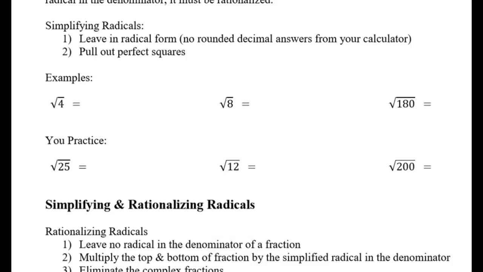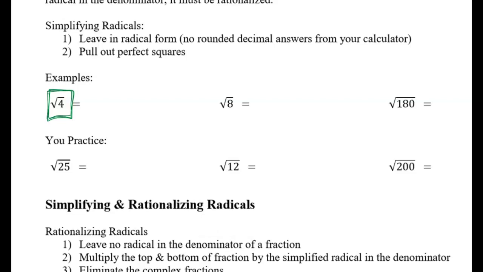I kind of think of what perfect square is a factor of the number I'm trying to simplify. So here, this one is easy because 4 is a perfect square. So how does this simplify down? Yes, exactly. Square root of 4 is 2.